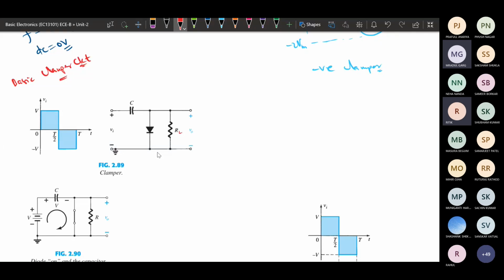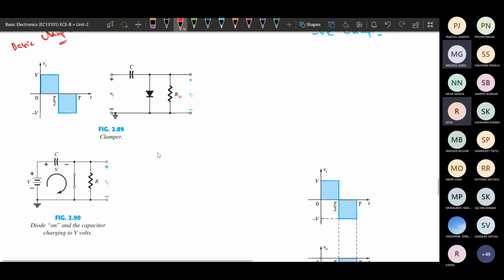Okay, so how the analysis of this will take place is, basically we need to find out at what voltage this diode is going to turn on and off. Also, this is a capacitor, and the property of a capacitor is that it stores charge.